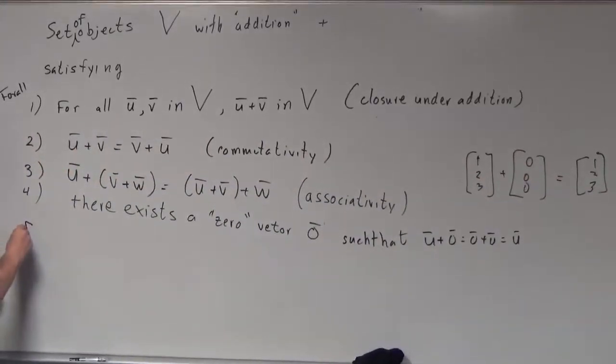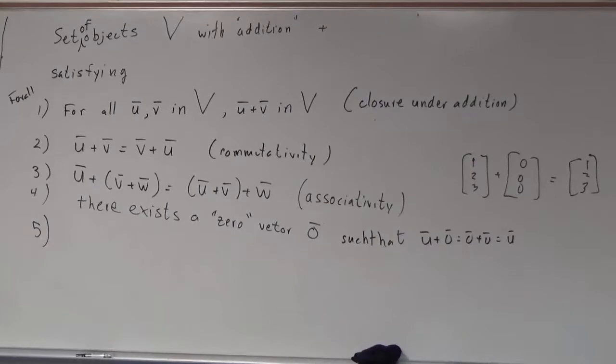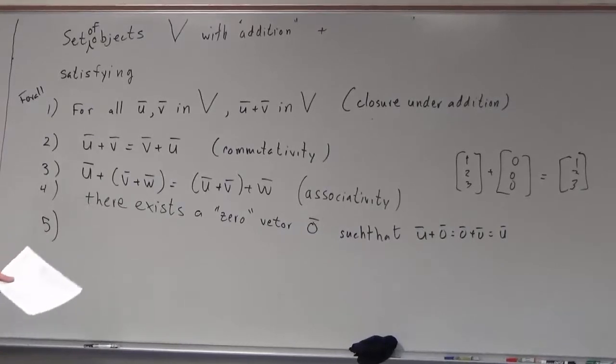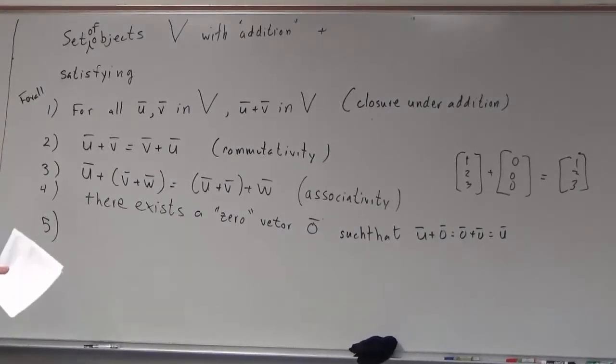And 5 would be the existence of negatives of these vectors. So additive inverses exist.